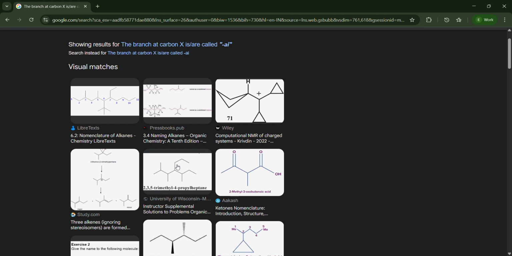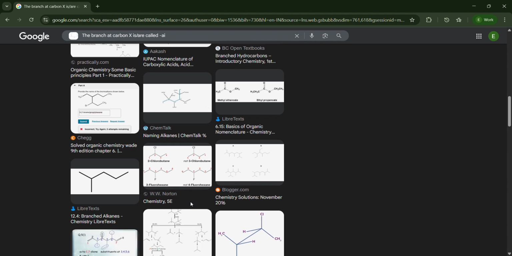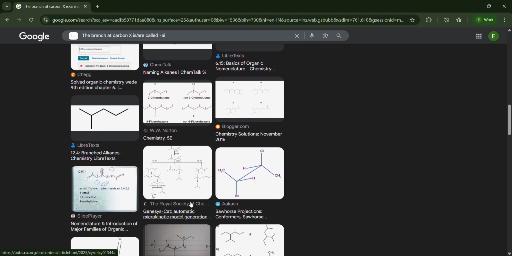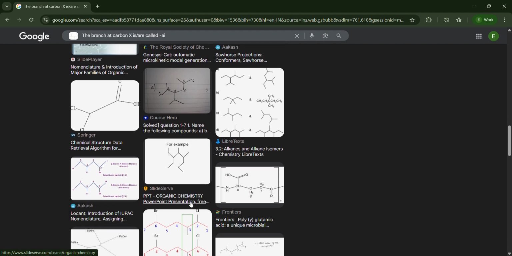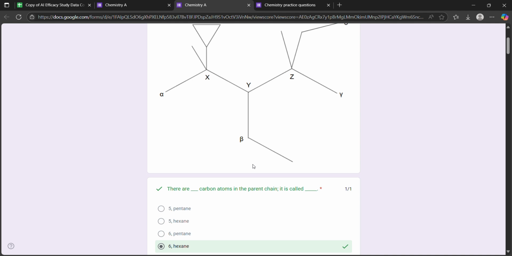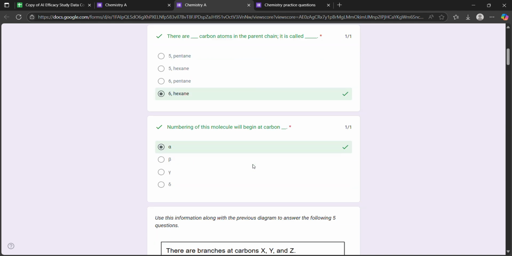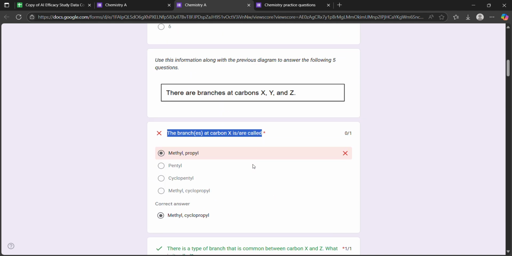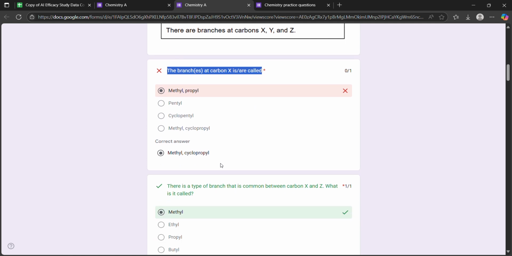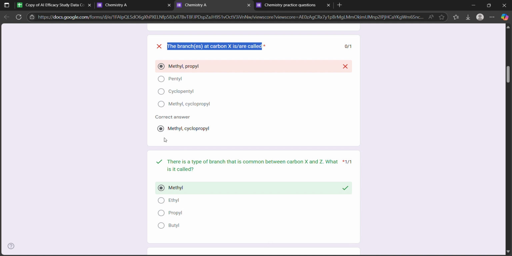I think in the visual search, oh, no such image is coming up. Okay, the branches at carbon X are called. The correct answer is methyl cyclopropyl. So let's Google this up.